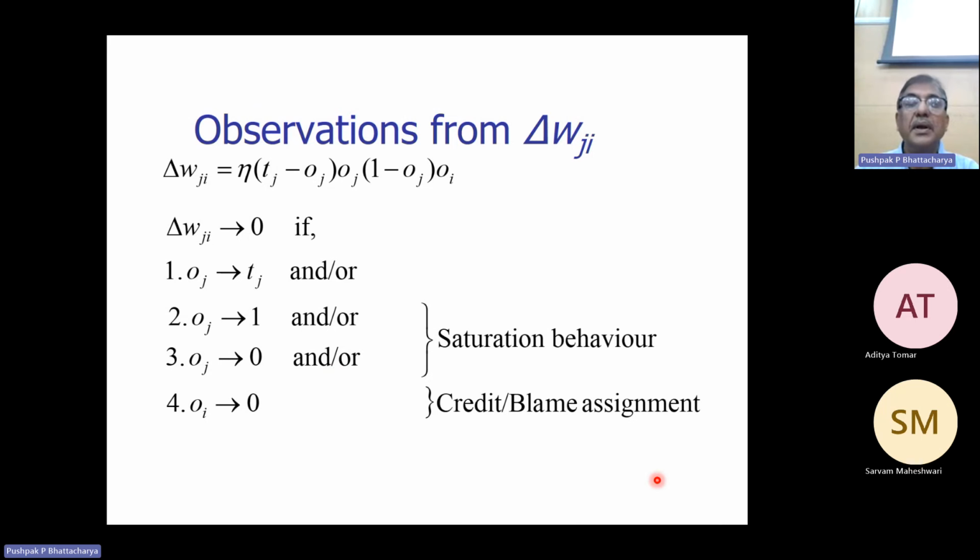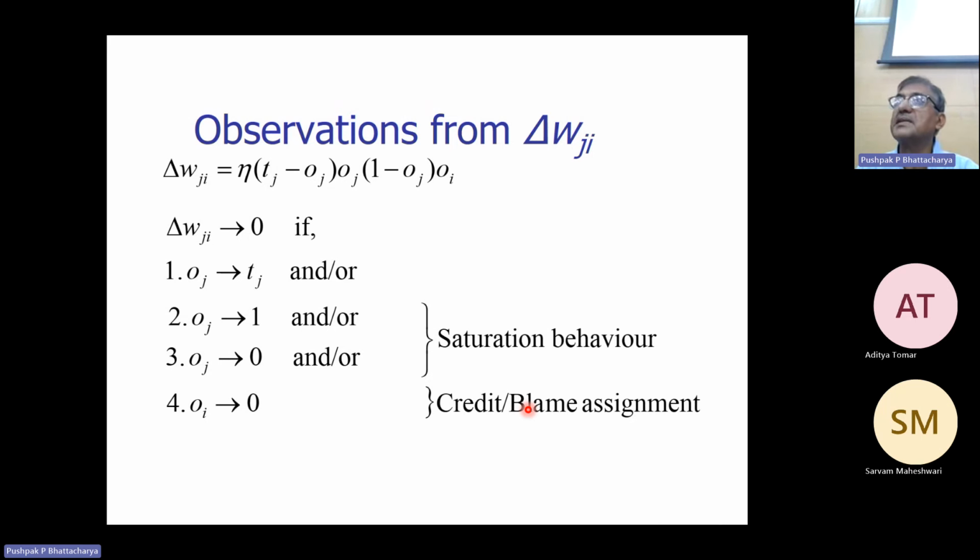This is called credit or blame assignment because, let's say a company is making profit. Then we know that this profit is not given as a whole; a part of that profit is proportionally distributed to various employees in the organization.